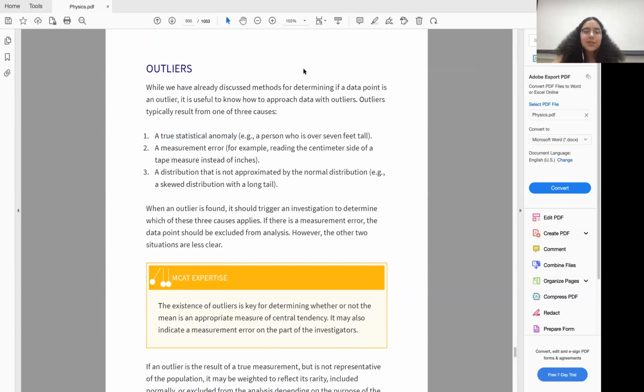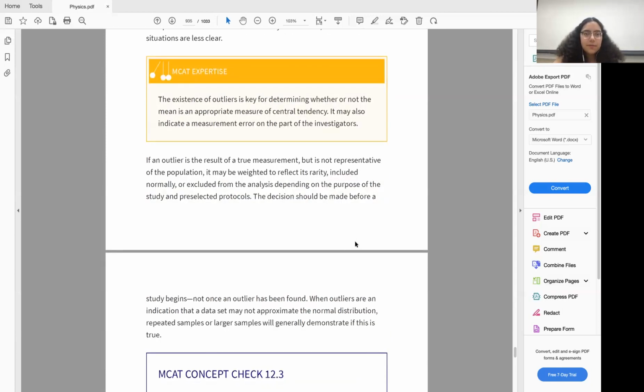Measurement error, where something went wrong that time. And a distribution that's not approximated by the normal distribution. If you have a data set that is, for example, skewed, you might get a lot of outliers because it doesn't fit the idea of a normal distribution around the median.